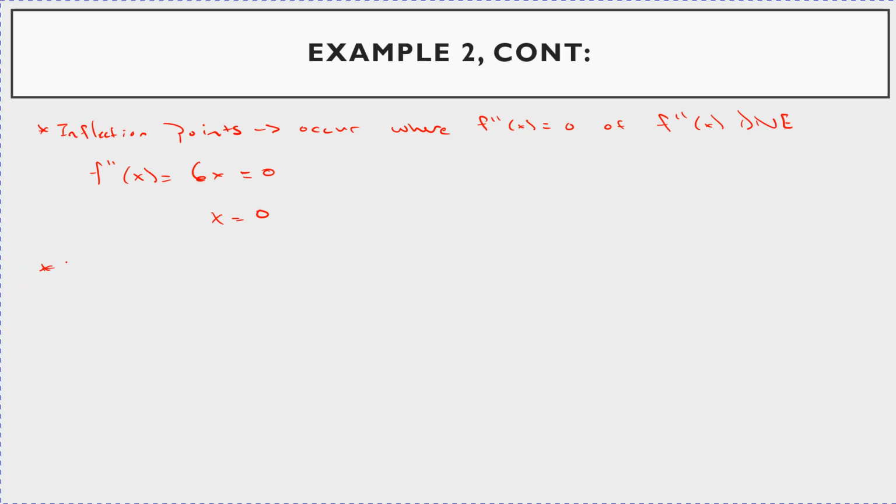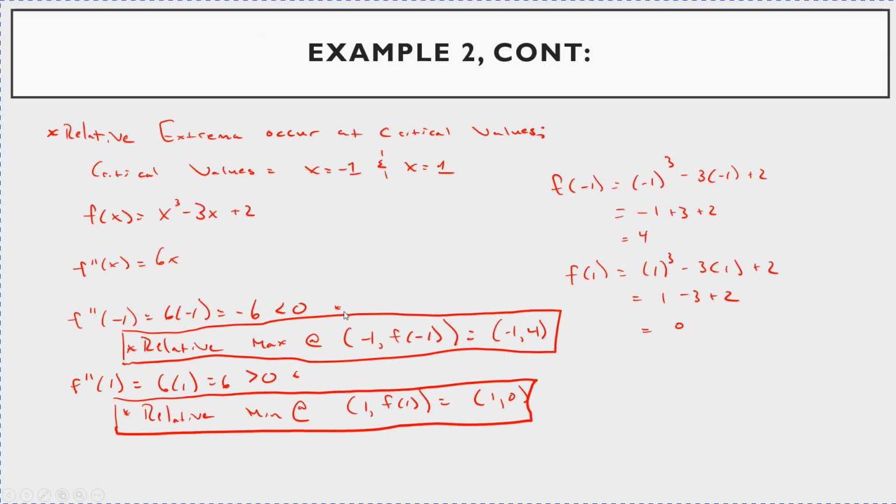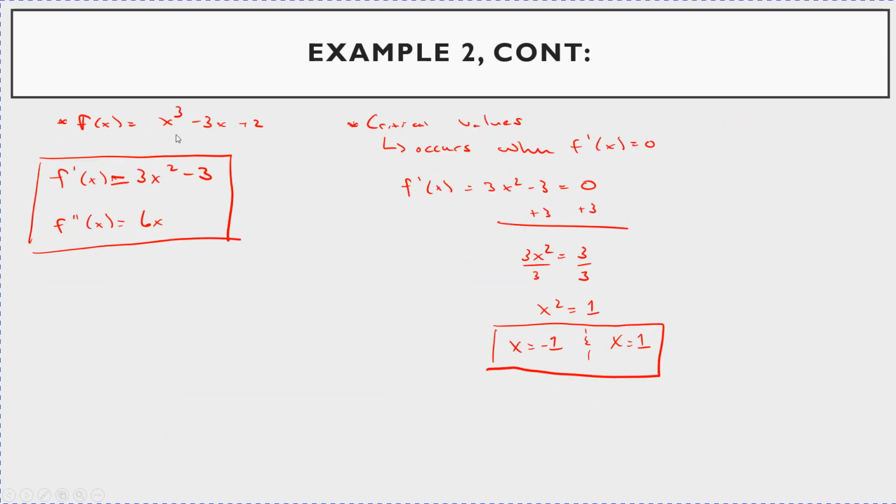So what that means is we have an inflection point at this point, 0 comma f of 0, which is awesome because this is the y-intercept. If you plug 0 into our original function, that goes away, you just get 2.